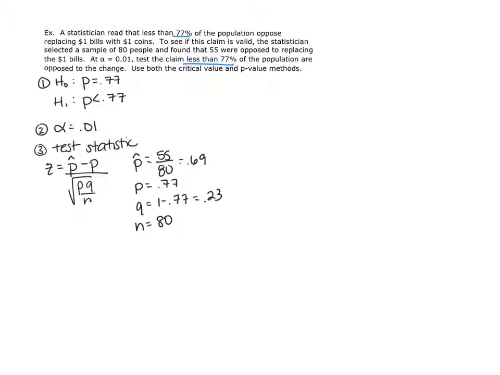Q is 1 minus 0.77, or 0.23, and our sample size is 80. Substituting these values into our formula, we find that our test statistic is negative 1.70.